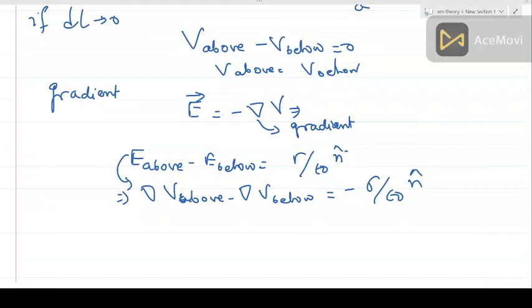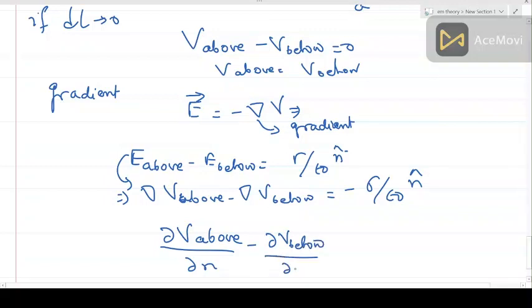This can be written in a more convenient way as the change in potential, del V above by del n minus del V below by del n, equals minus sigma by epsilon naught. Now this del V upon del n is a very important quantity.